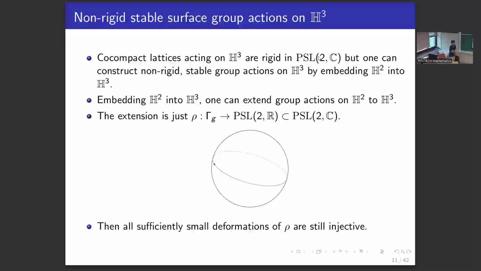So what are the other stable group actions? The examples so far are very classical, and we can see them in many aspects of geometry and topology.